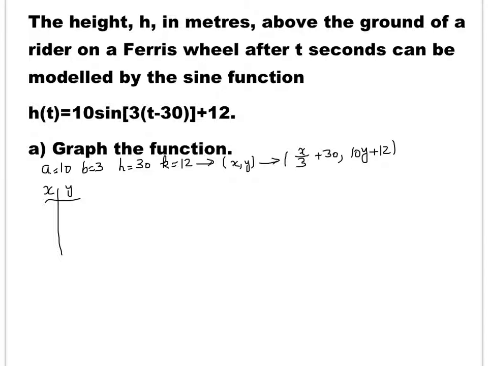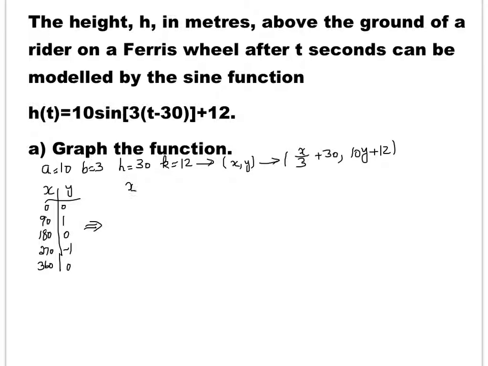Remember, the x here is really t and y is really h. For the special angles 0, 90, 180, 270, and 360, the values are 0, 1, 0, -1, and 0.